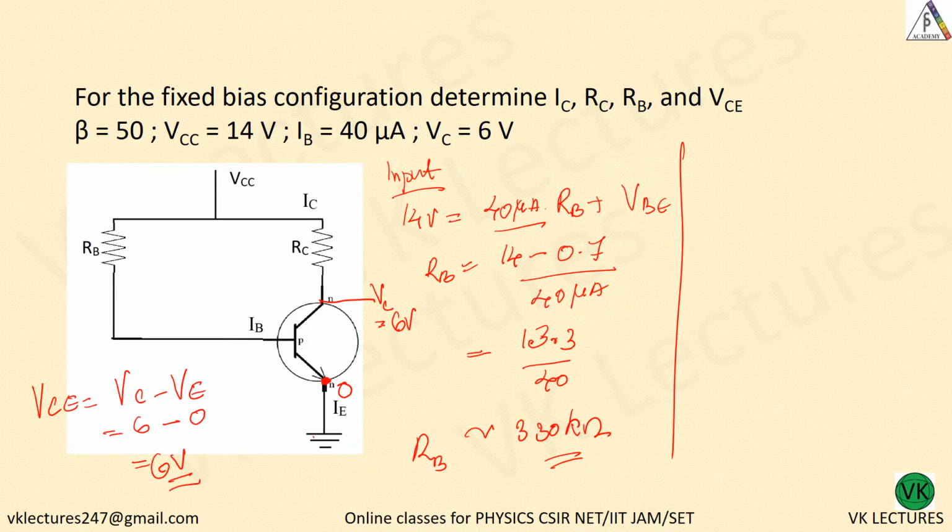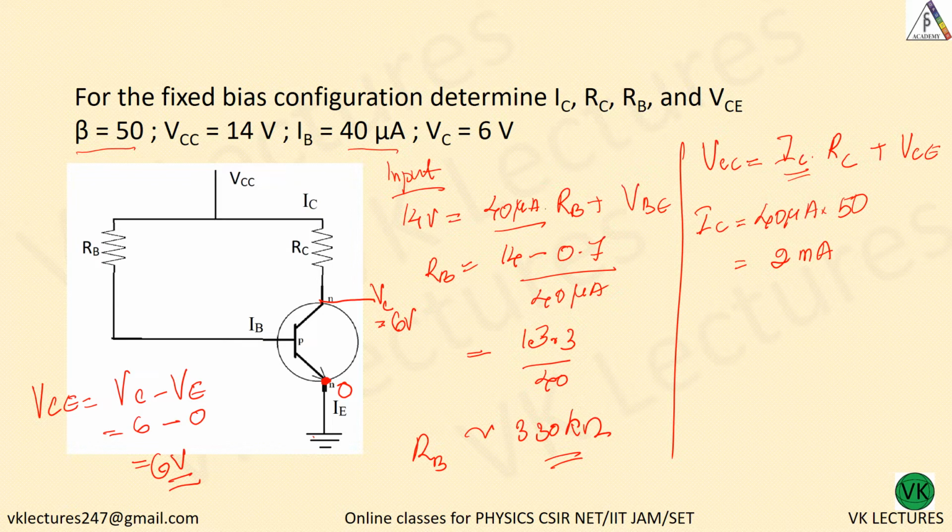Now applying KVL to the output, VCC equal to IC times RC plus VCE. We don't know IC, but we know beta. Beta equal to 50, IB equal to 40 microampere. So IC is equal to 40 microampere into beta, that is 50, which is nothing but 2 milliampere.